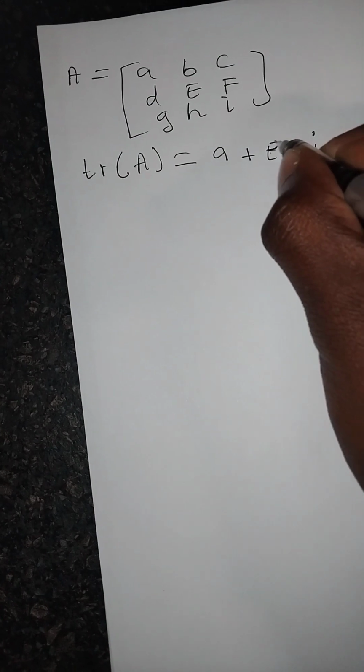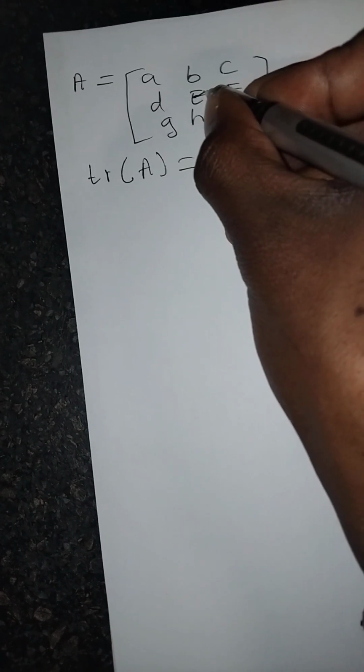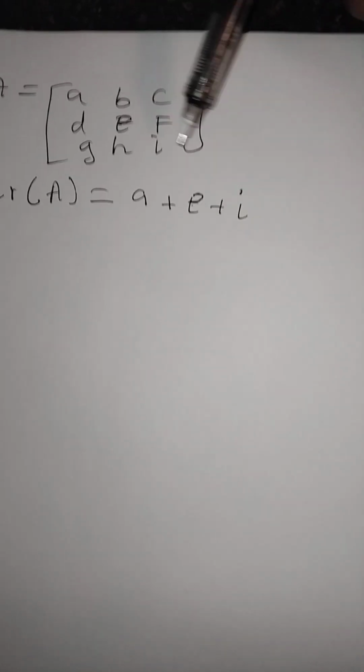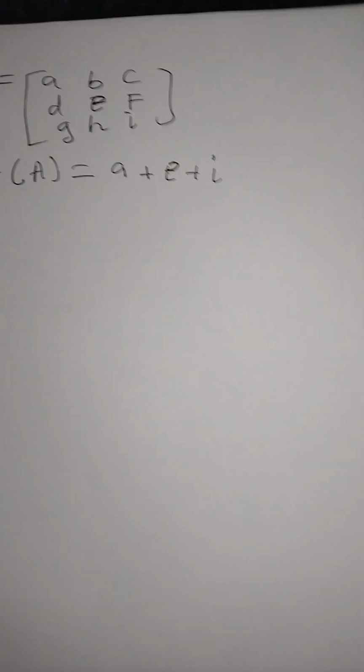Let me just use a small letter there. Yeah, like that. So it's basically the sum of the diagonal. We are summing the diagonal in order to find the trace of a matrix.